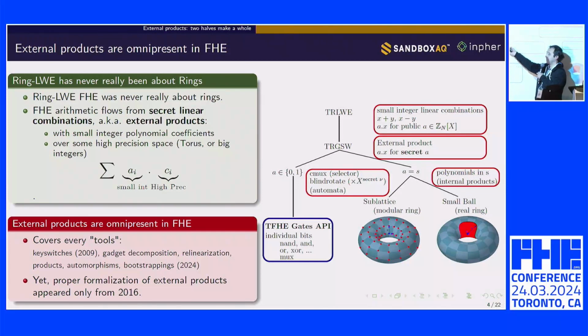Linear combination with coefficients 0, 1 gives the CMUX gate that powers the TFHE bootstrapping. And multiplication with an encryption of the secret key enables us to compute polynomials in S, and that is what is powering the internal products, depending on whether the space is discrete or continuous, BFV or CKKS.